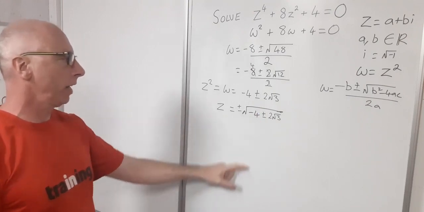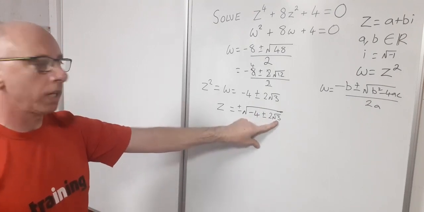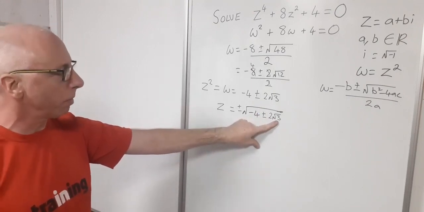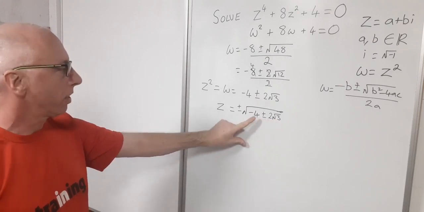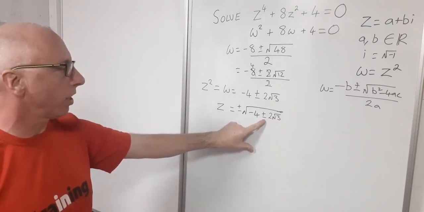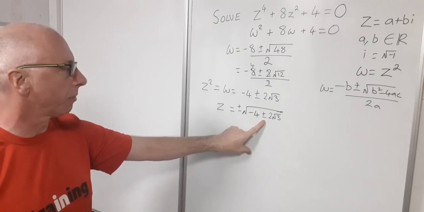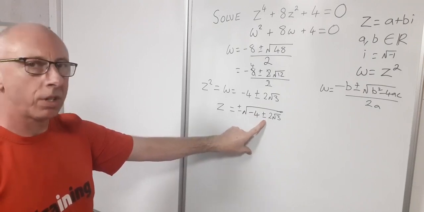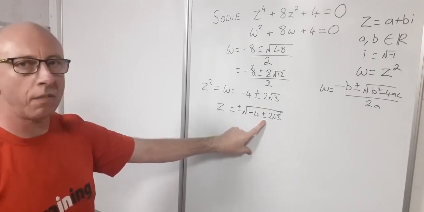Now the square root of 3 is 1.732 and so on, so inside here I've got a negative value. So now I can transfer this into terms of i.